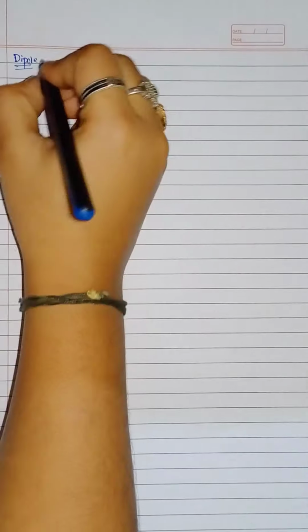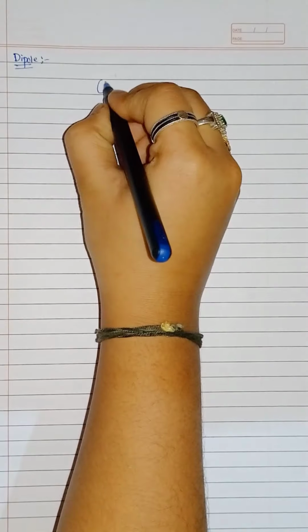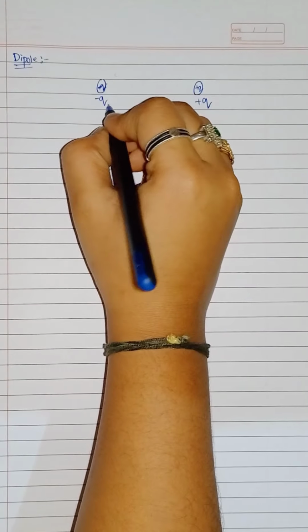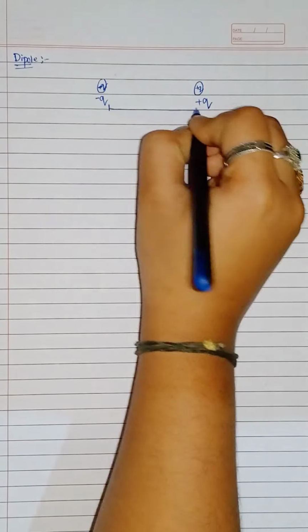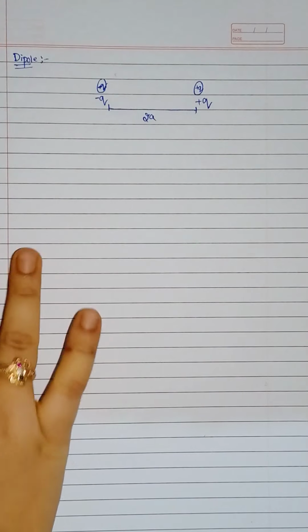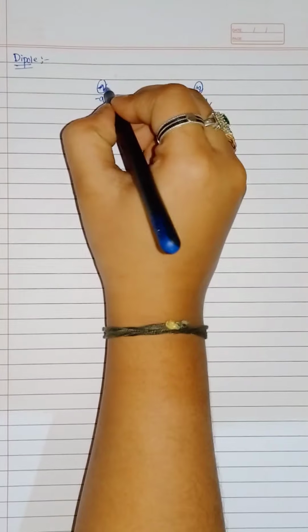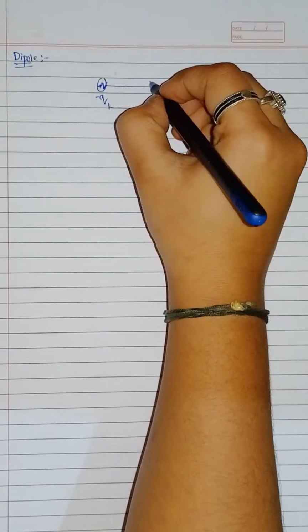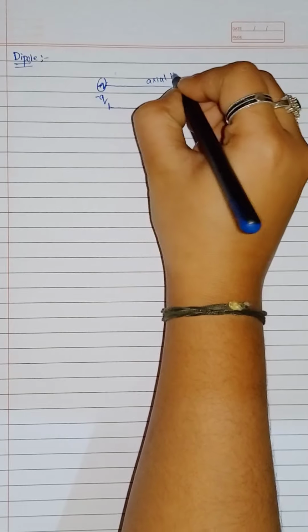We'll see about the dipole. A dipole is a pair of equal and opposite point charges, that is plus q and minus q, which are separated by a small distance 2a. This is the dipole. The line which joins both the charges is the axial line.